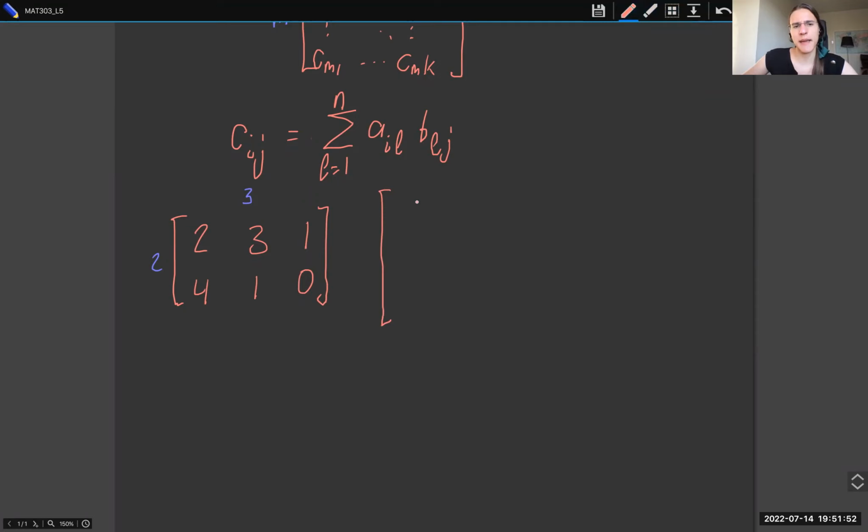And let's make this actually be just a column matrix, which we're going to call a vector. So let's multiply it by a 3 by 1 matrix. And let's make the coefficients be 1, 2, and 1. Then what we're going to get is a 2 by 1 matrix, right?